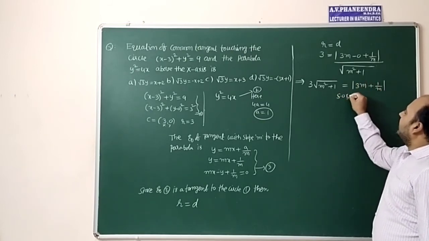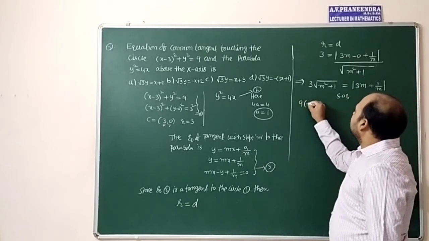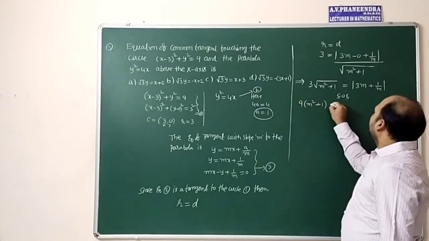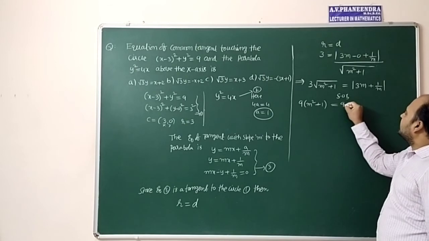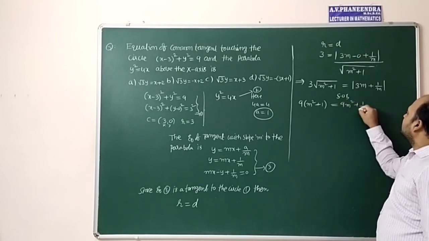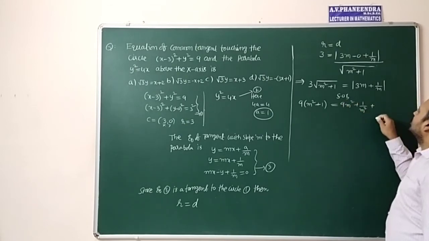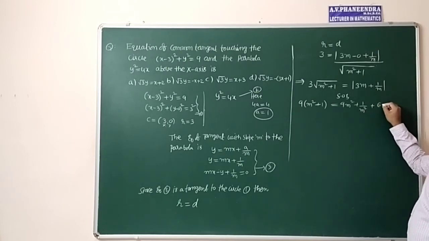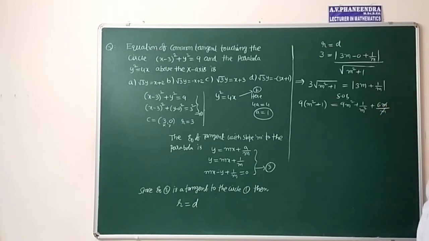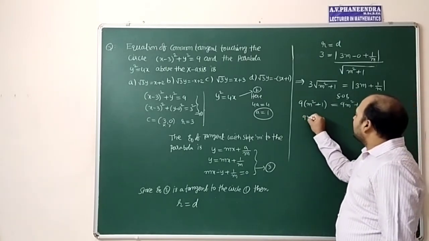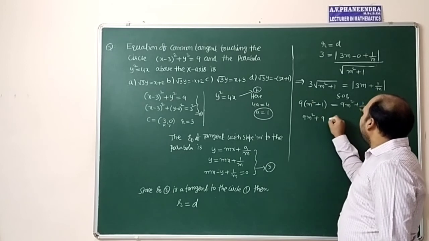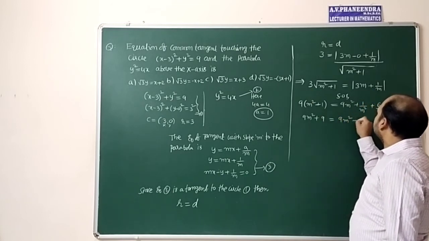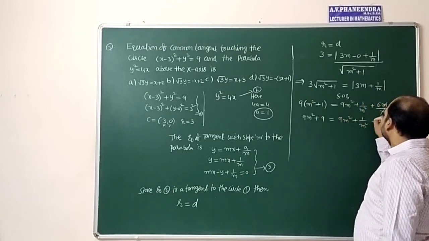Squaring on both sides, 9 into (m square plus 1) is equal to, by the (a plus b) whole square expansion, 9m square plus 1 by m square plus 2 into 3m into 1 by m. So it will become 6m by m, and m gets cancelled. And 9m square plus 9 equal to 9m square plus 1 by m square plus 6.